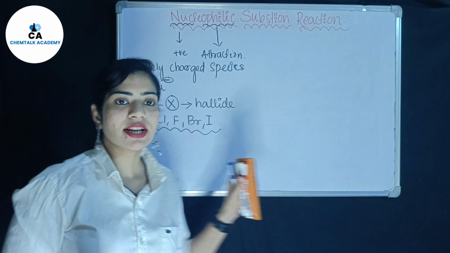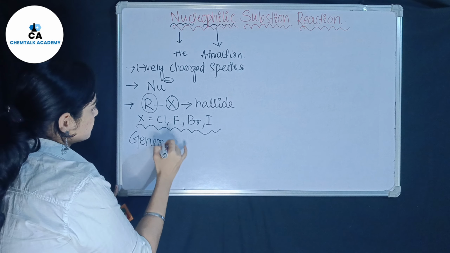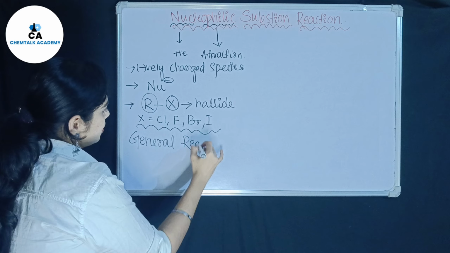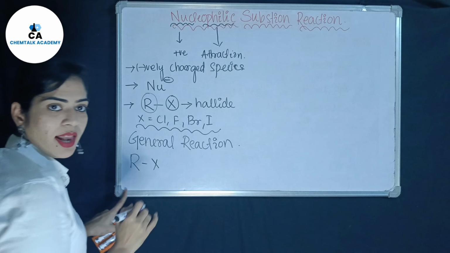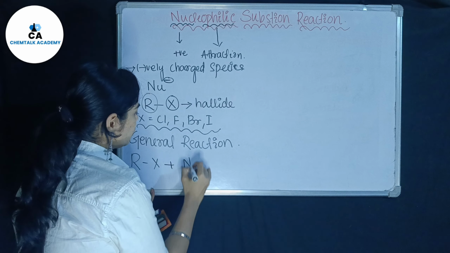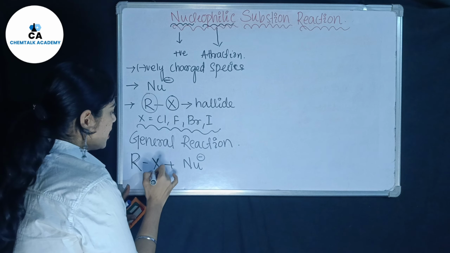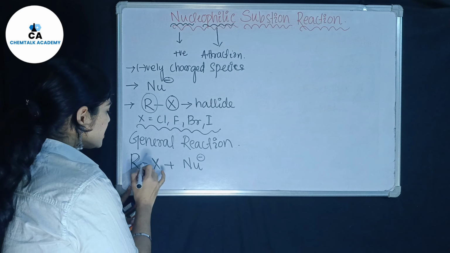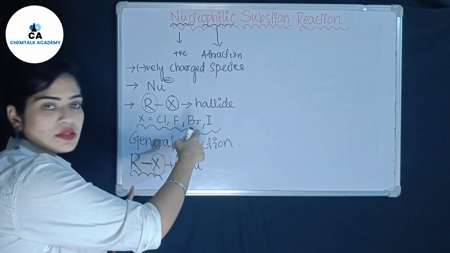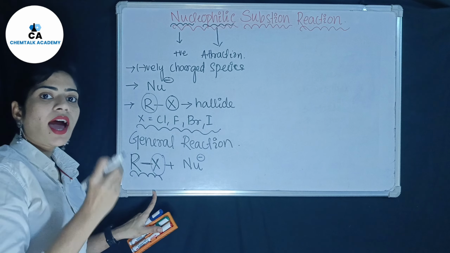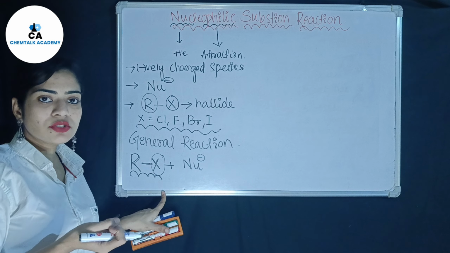Now what is the general reaction we see here? When an alkyl halide or haloalkane reacts with a nucleophile, what happens? X, being highly electronegative, will always try to pull the shared pair of electrons towards itself.